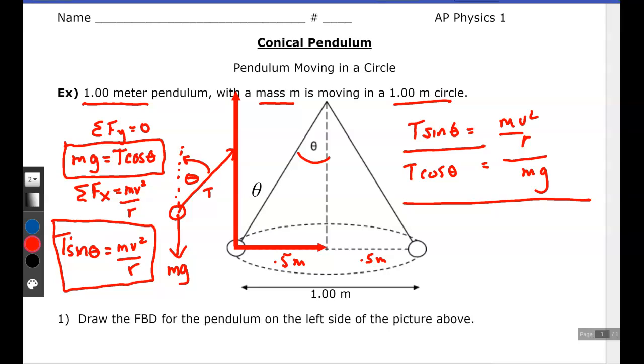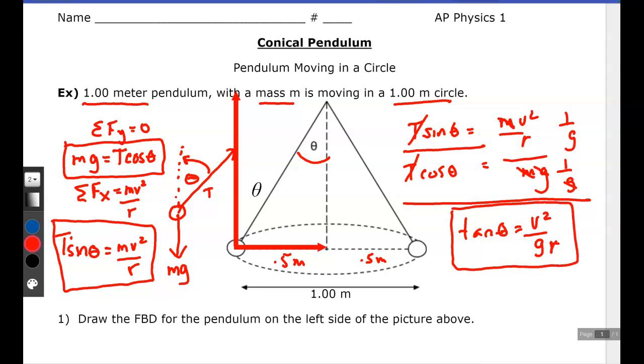We can see T, for tension, goes away, the m's cancel out, and you get tan theta equals v squared divided by gr. You could call it the conical pendulum equation, tan theta. I don't know if this is going to be on your reference table, but it's something that you should be able to derive.